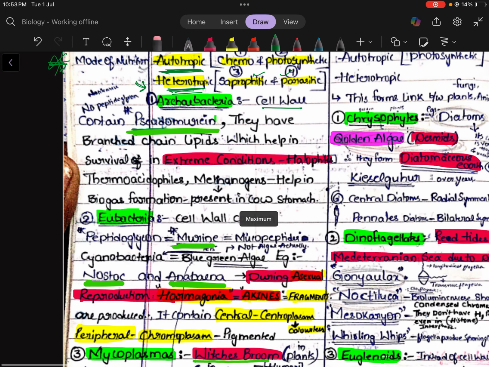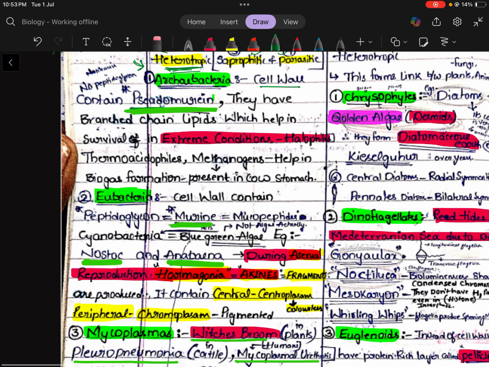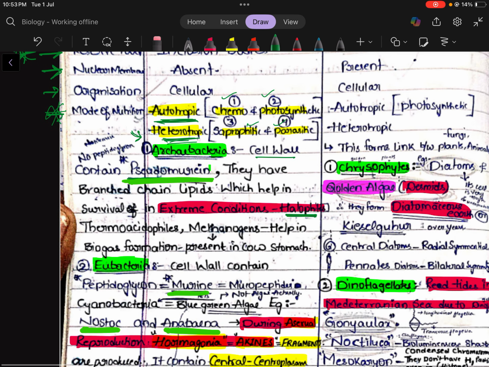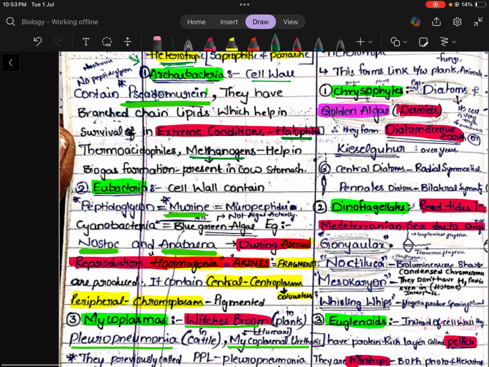They have branched chain lipids which help in survival in extreme conditions like halophiles, thermoacidophiles, and methanogens, which help in biogas formation and are present in the cow stomach. That means methanogens come under archaebacteria. Their cell wall contains pseudomurein. Next, eubacteria cell wall contains murein.